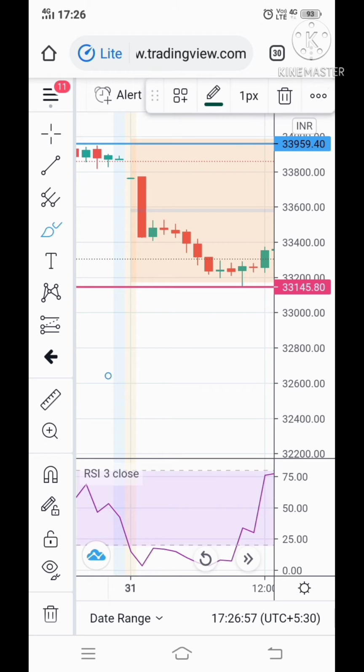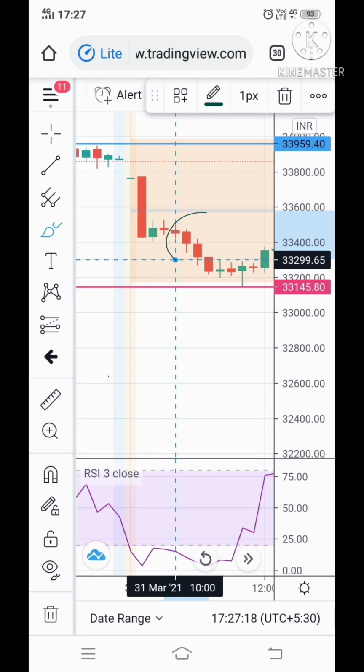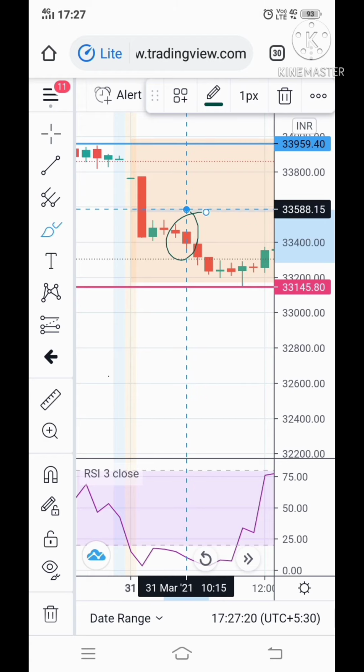For bearish trades, the next red candle's close should be lower than the previous red candle's low, and along with that the RSI should be lower than 20. So in these two candles our criteria are being met, and along with that the RSI is also 20, as you can see.